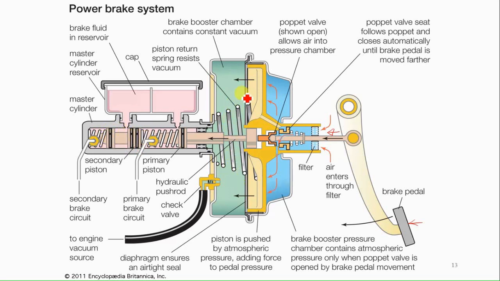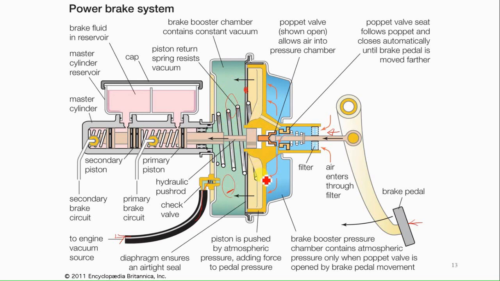Here this is the power booster chamber, and the space is divided into 2 parts. One part is exposed to this vacuum line, which is connected with the engine vacuum. So this particular region is the vacuum region. There is a diaphragm, and this diaphragm is supported by springs.